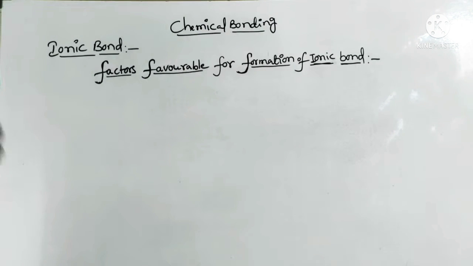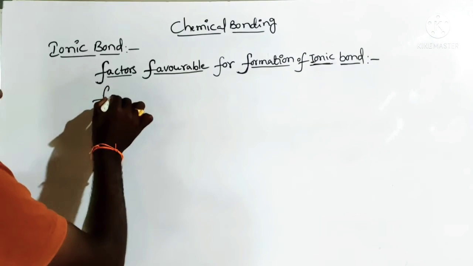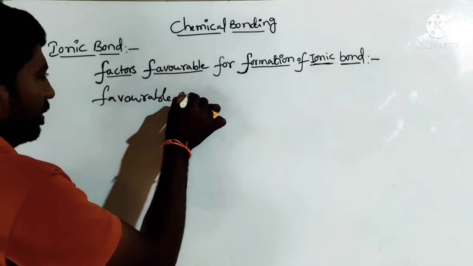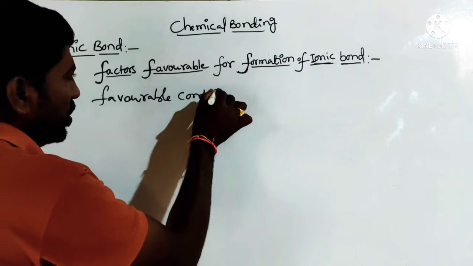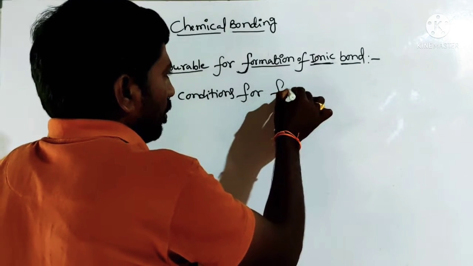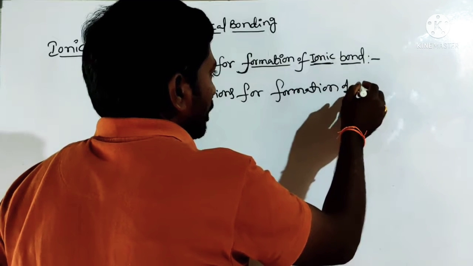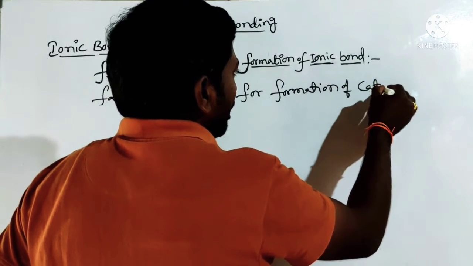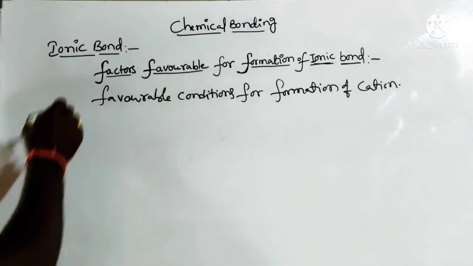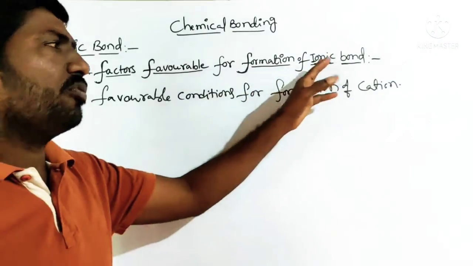Now this is the first subheading: factors favorable for formation of an ionic bond.